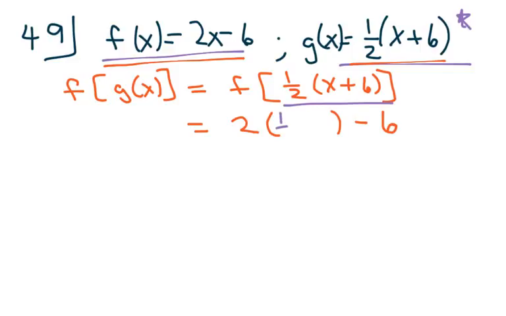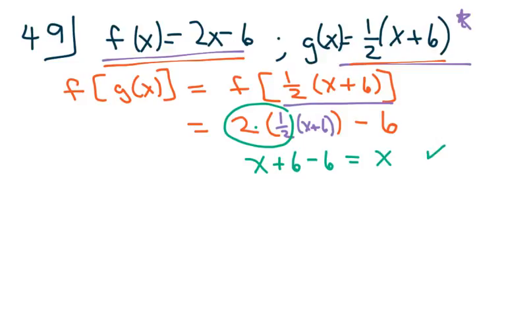So this is 1/2 x plus 6. Now, when I multiply this, these 2 times 1/2 is just 1. And since this is a multiplying thing, you're just going to get x plus 6 minus 6 equals x. So that works.